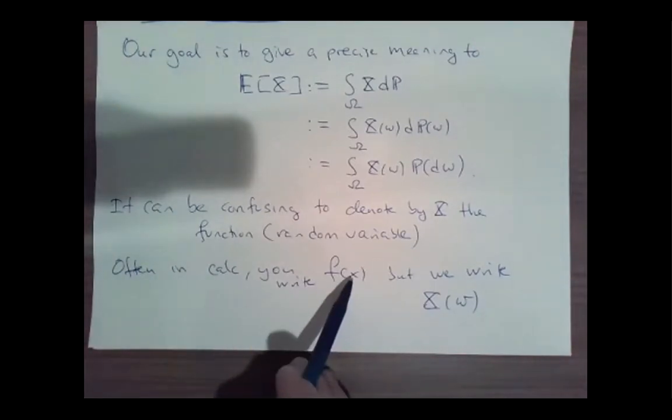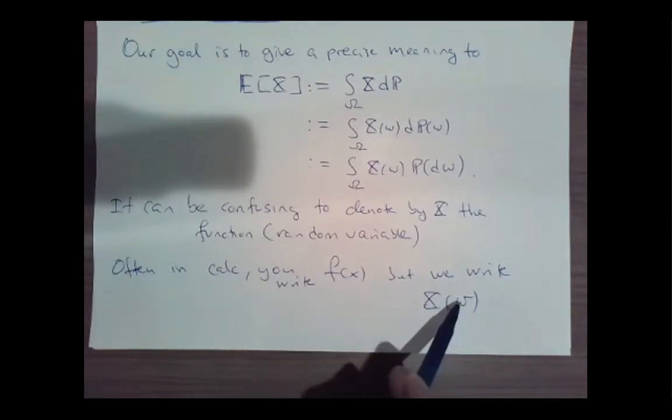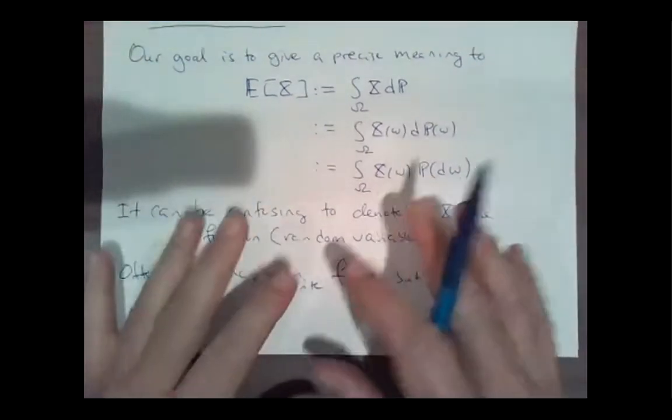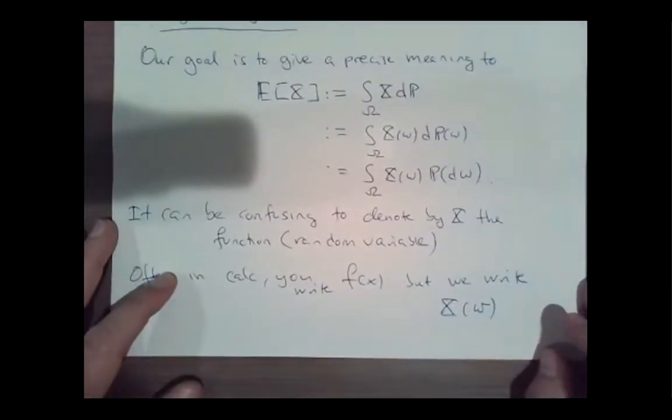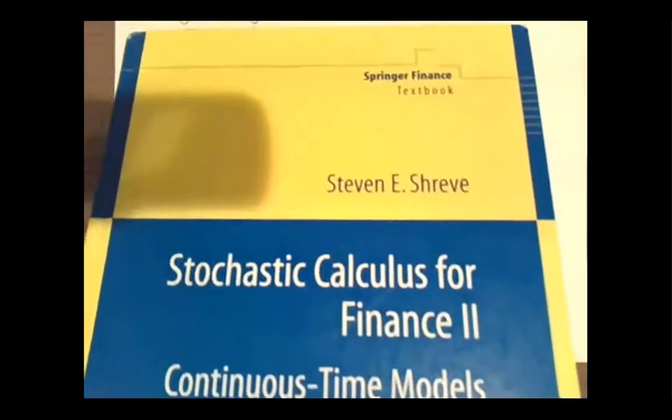And so it can be confusing that this little x here is a dummy variable in calculus, whereas for us the dummy variable is this omega. And before you blame me for this, this is how textbooks write it. This includes the textbook that we're using.